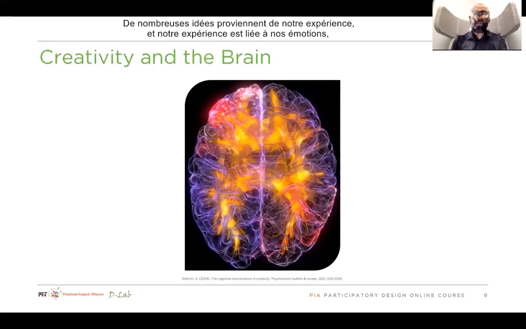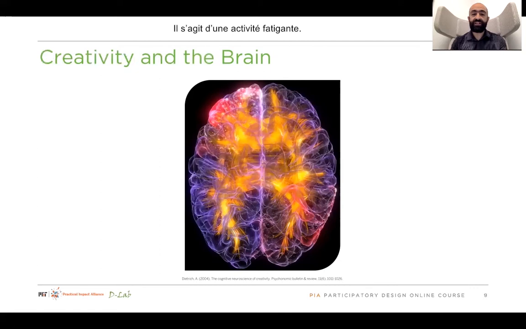And as with many ideas, they come from our experience, and our experience is connected with our emotions. So we are sort of engaging both our cognitive and our emotional brain. So it is a very draining activity, and we don't want to come out of it without having captured as many ideas in as structured a way as possible.